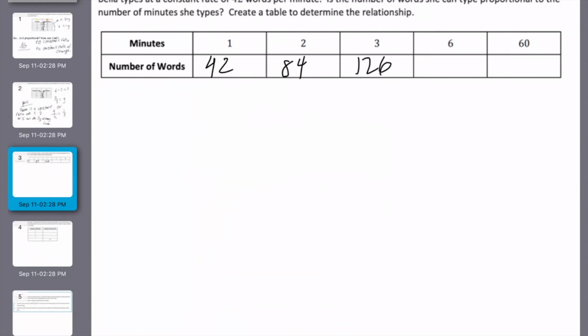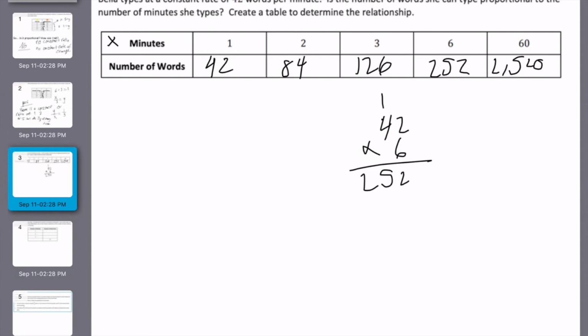And let's just say she decides to get crazy and types for 6 minutes. Well, that would be 42 times 6. 6 times 4 is 24, so that gives me 252. And if I were to type for an hour, it would be 2,520.